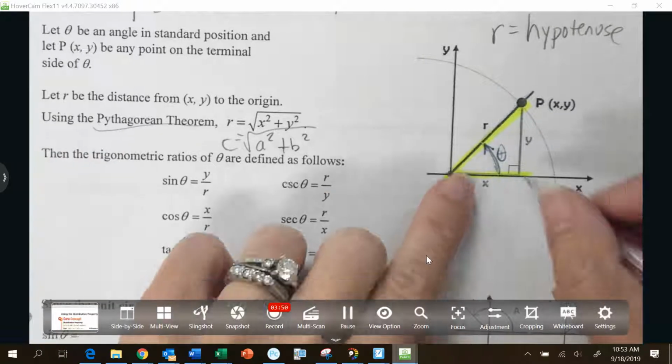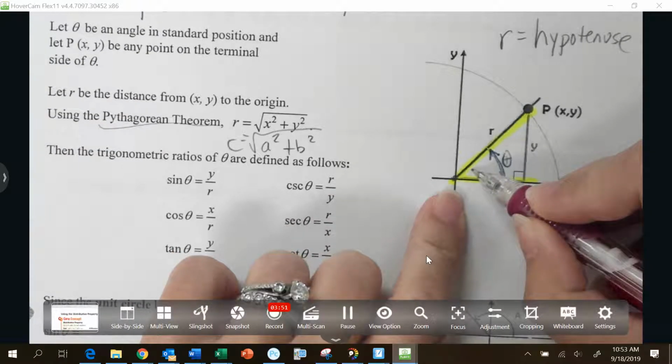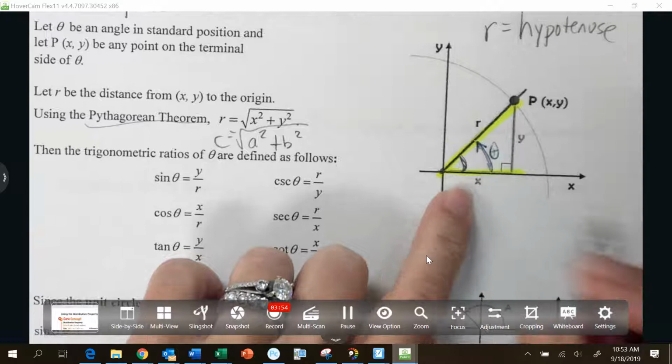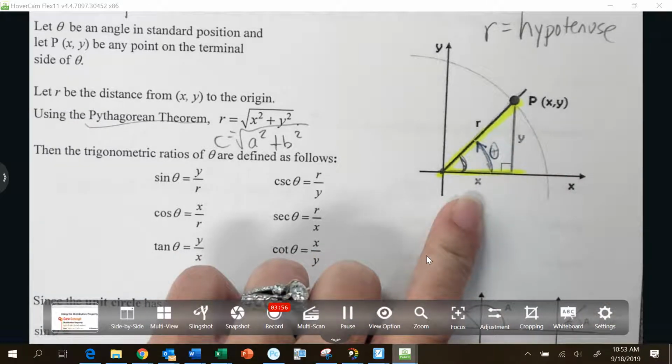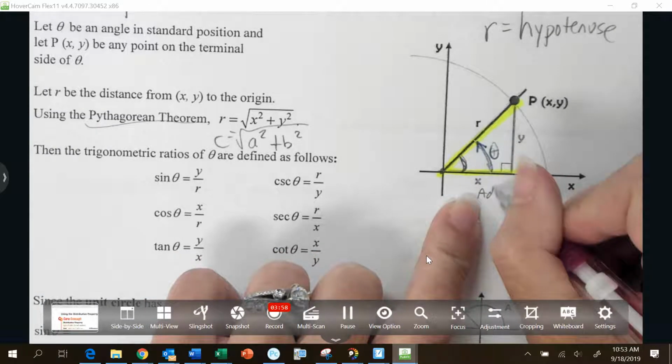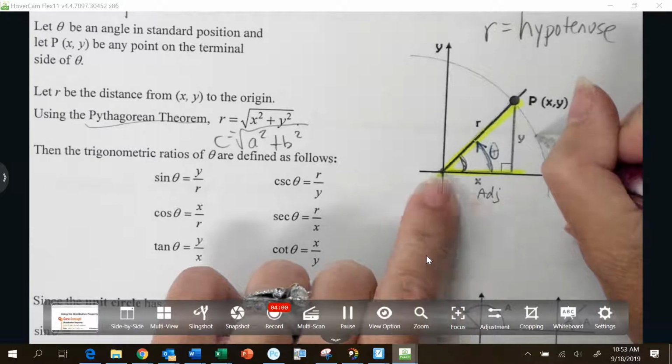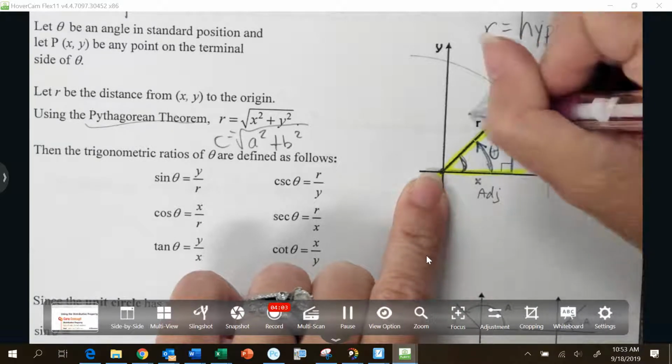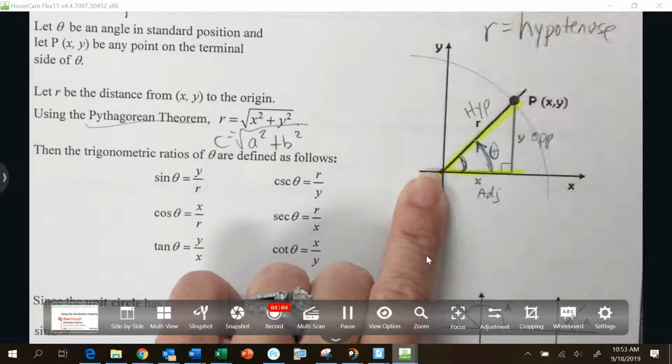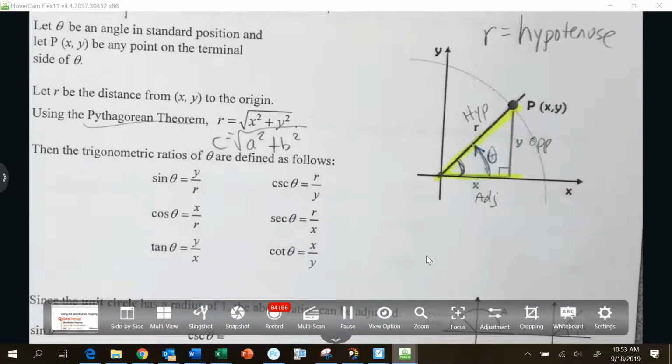So if you look at this picture here, and theta is the angle of the rotation, x is going to be which side? That's the adjacent. Y is going to be the opposite because r is always the hypotenuse. But I'm not going to use adjacent, opposite, and hypotenuse anymore. I'm going to use x, y, and r.